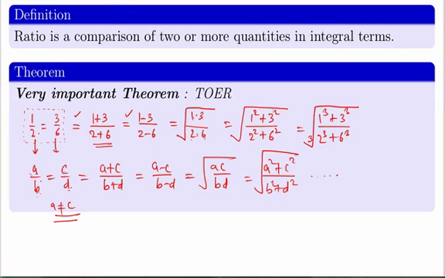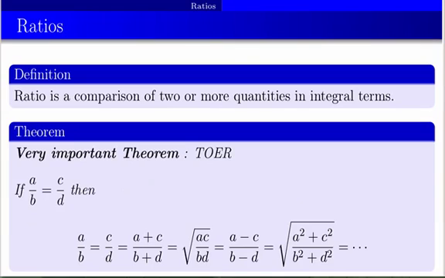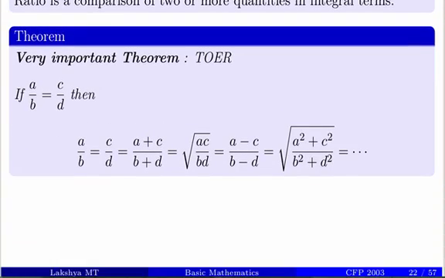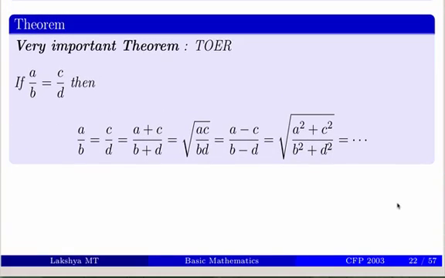So from this we state, just have a look at this. I'll give you some time to have a look at these particular terms here. I don't want to rush. So let me proceed. This is the theorem which we have at hand. This is what we call the theorem on equal ratios.